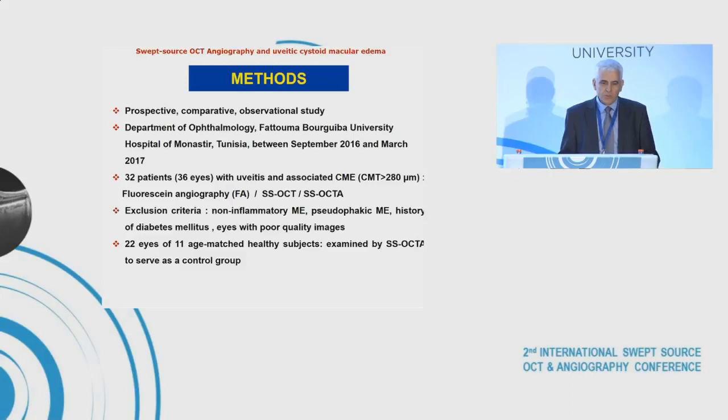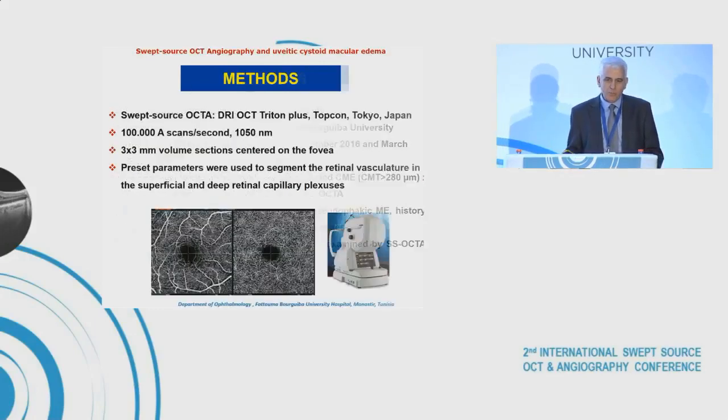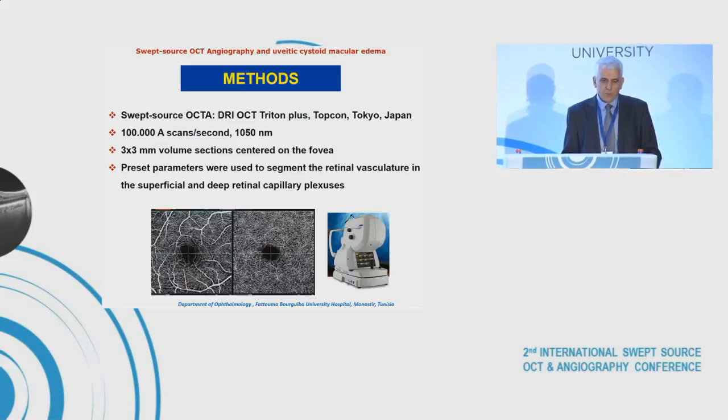We also included 22 eyes of 11 healthy subjects examined by swept source OCT angiography to serve as a control group. All patients had a standard protocol using swept source OCT-A with the DRI OCT Triton Plus.